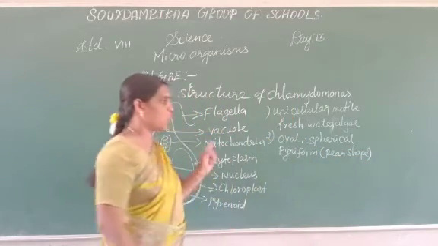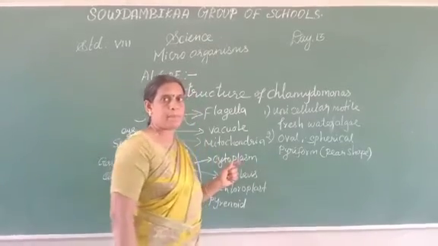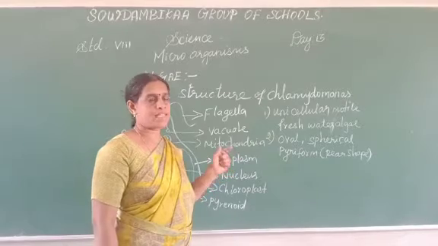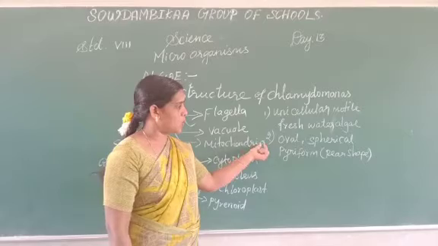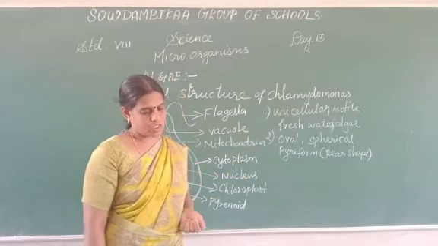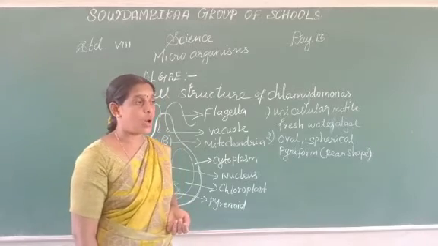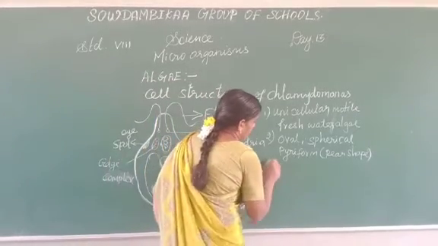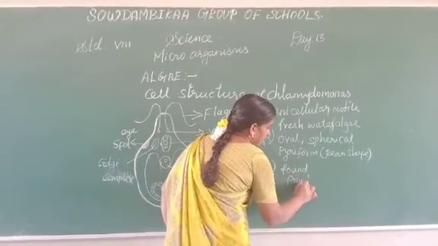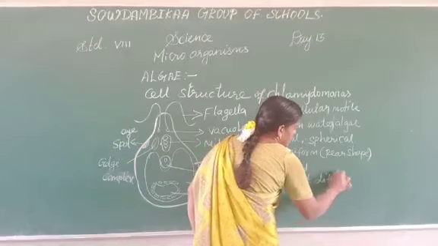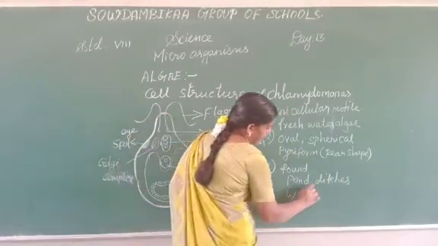The second point: oval, spherical and pyriform shape. Pyriform is pear shape. Where is it found? In ponds, ditches and water tanks.